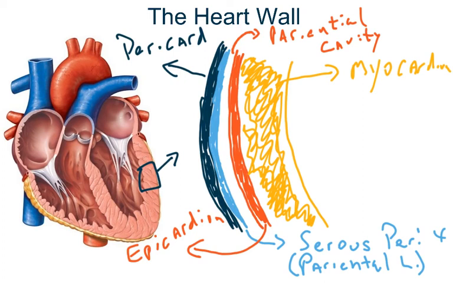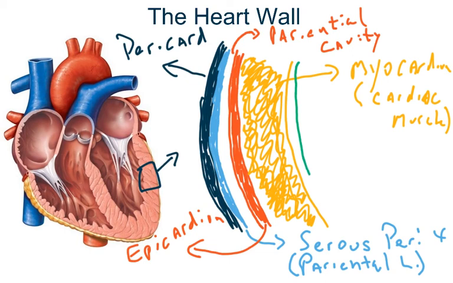And this is the most important layer because the myocardium is the cardiac muscle. This is the layer that actually contracts and pushes blood flow through the heart and through the circulatory system. And finally, the innermost layer right here, which we're going to make green, which is the fourth layer that we've mentioned, is the endocardium.